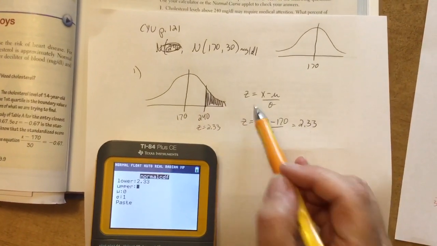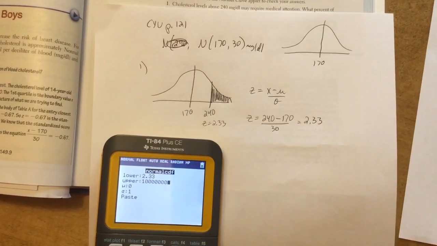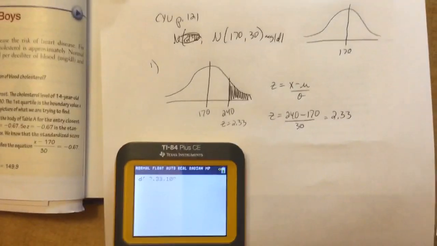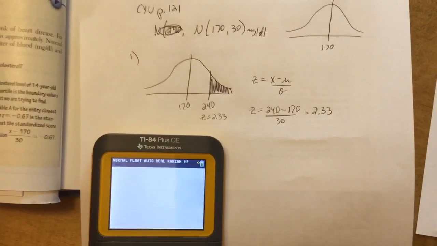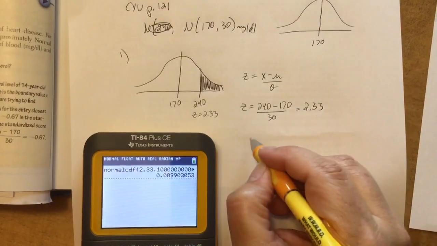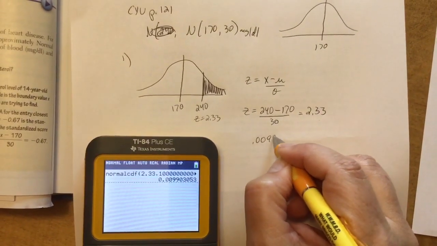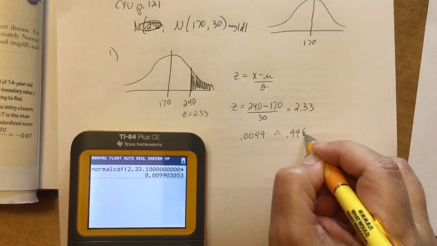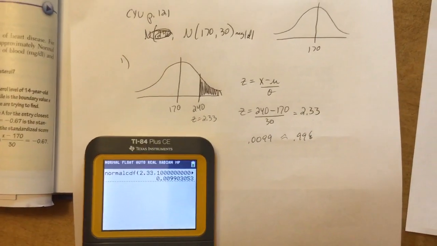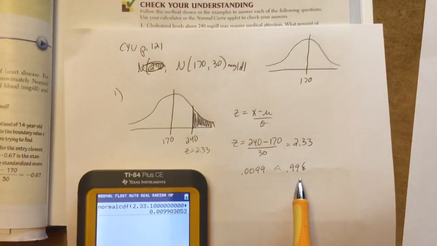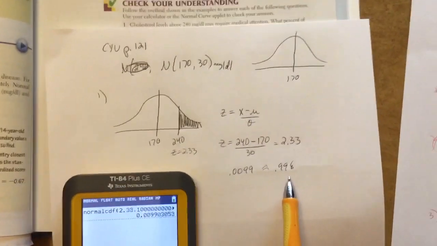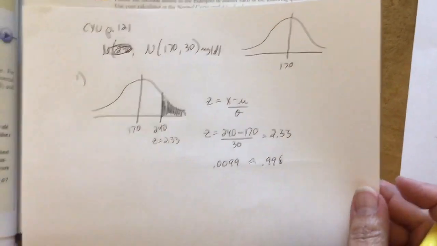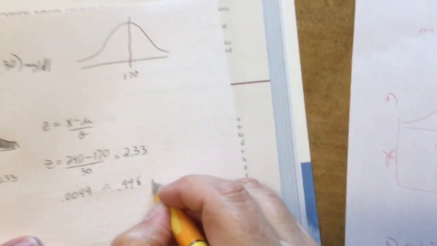To the right, it goes on forever, so I'm just going to put the largest number I can think of and then my standard mean and standard deviation. It gives me an area of 0.0099. So that's approximately 0.99%, almost 1%. So almost 1% of 14-year-old boys have blood cholesterol that's more than 240 milligrams per deciliter of blood, which I should write out.